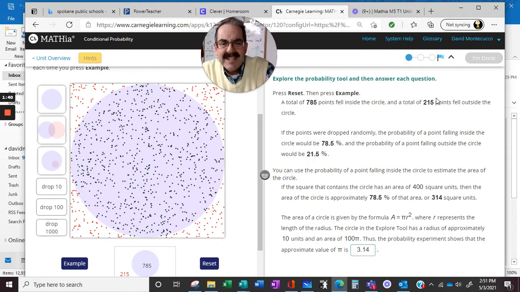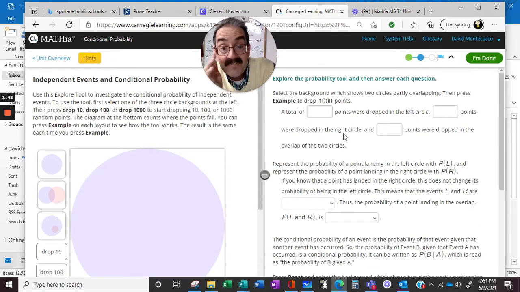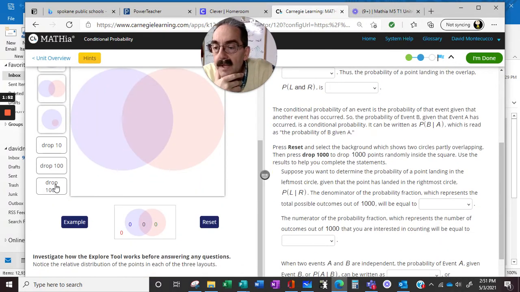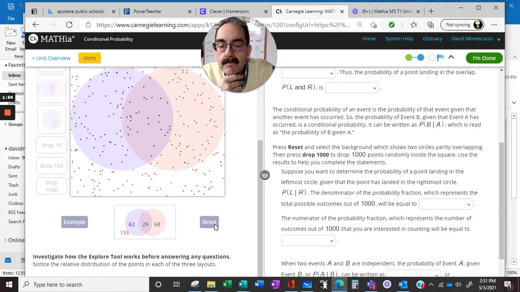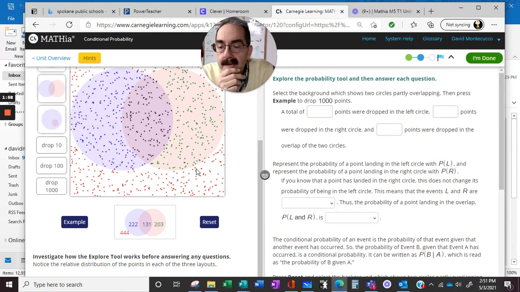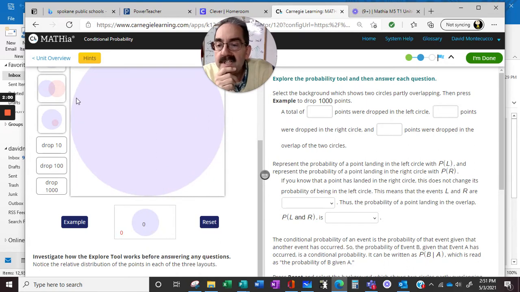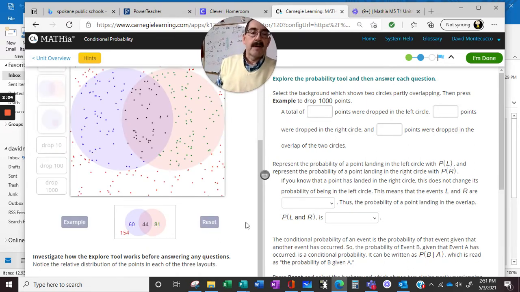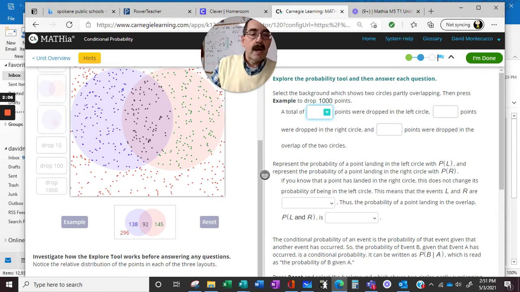All right, let's see how we can finish this video. Select the background which shows two circles partly overlapping, then press example to drop 1,000. Reset, then example, it's going to drop 1,000. A total of 1,000 were dropped.